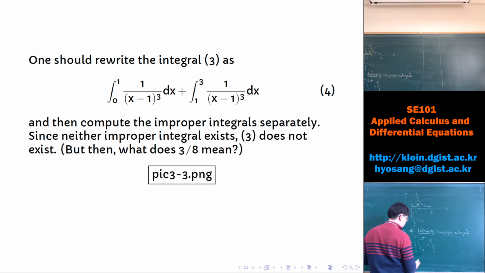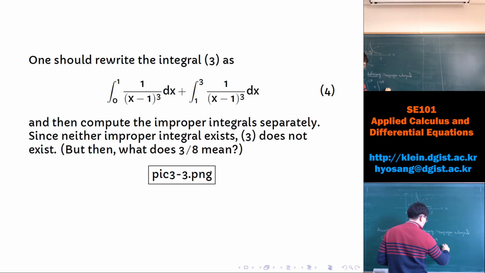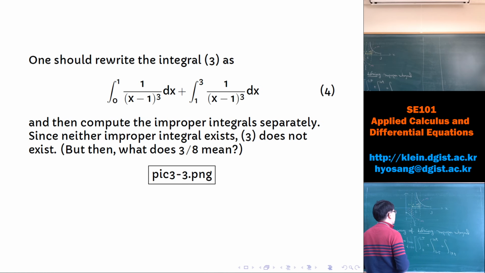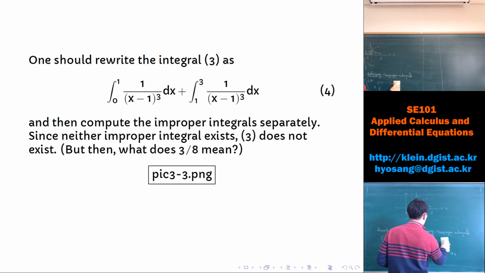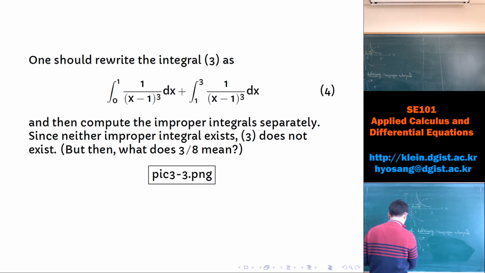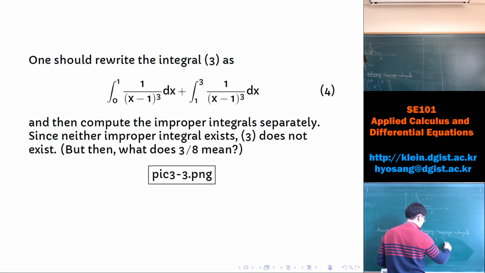And then next, you take the integral from 1 minus t to 1 plus t. And then next you take the integral from 1 plus t to 3. Okay.